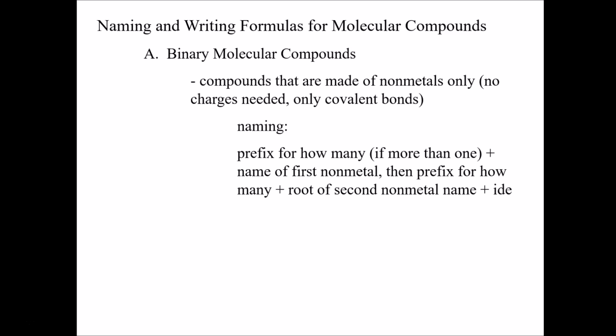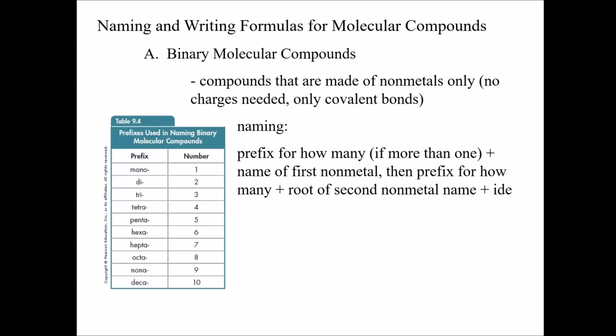The second name, the second nonmetal, is its name from the periodic table, but the ending has to be changed to IDE. You'll remember we did that also in some of the ionic names too. And then this name also needs a prefix for how many there are, including if there's just one.